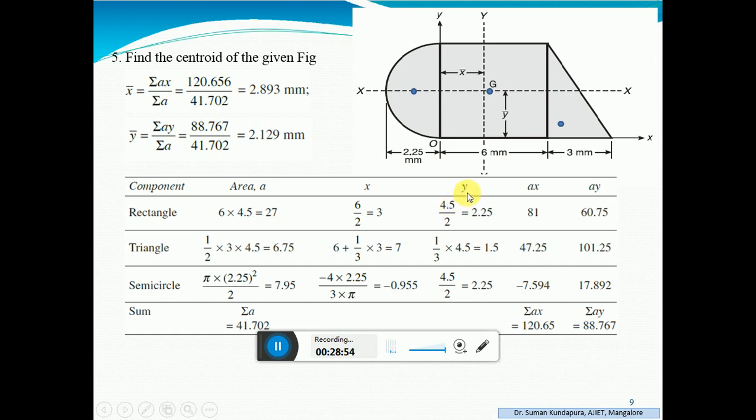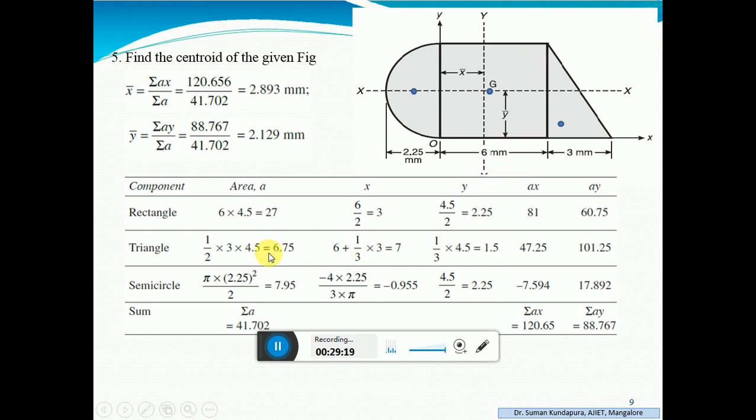Y distance for the triangle with respect to the x axis. From here till here, what is the distance? It is 1/3 of this distance, correct? This point is lying here, so from this side, it is 1/3 of this 4.5. 1/3 of 4.5 is 1.5. Okay, so that is about the triangle.